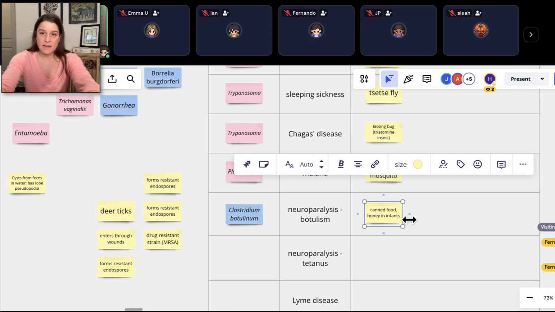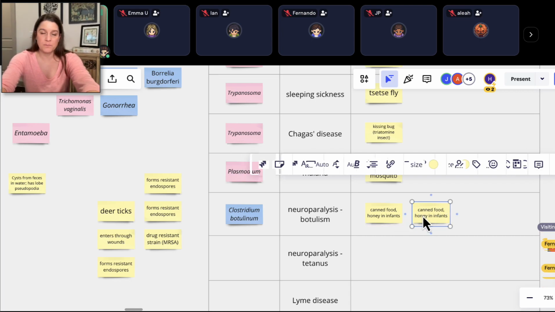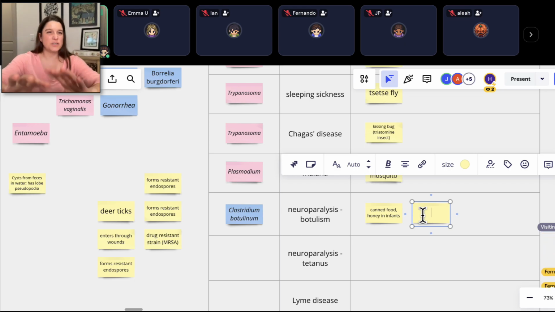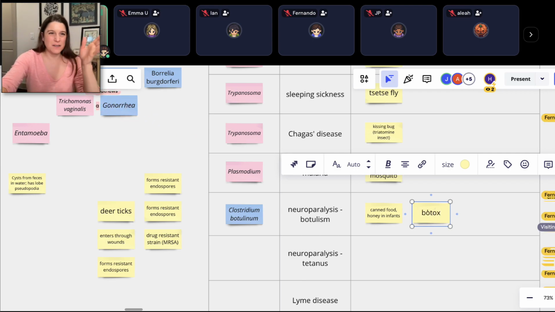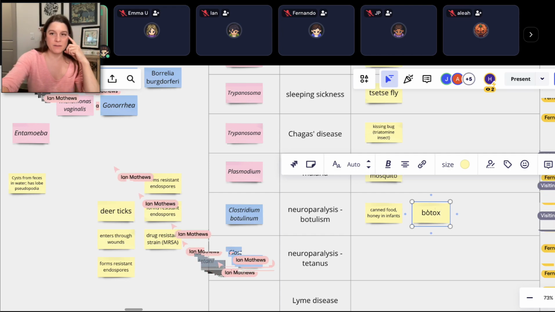We could also add here, if you want to put another sticky, this one's also used in Botox. I mean, it's a derivative. It's not the original. It's not like they extract it from the bacteria itself, but they have a variant of the neurotoxin, the botulinum toxin, that's used for Botox and other similar neuroparalytics, Dysport.